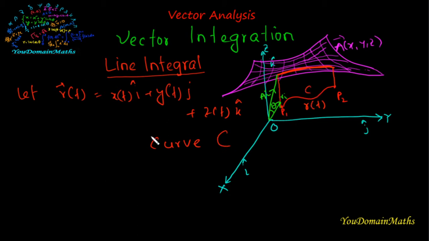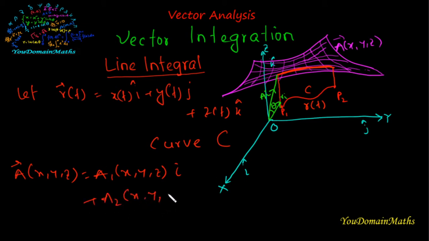So you can say that the points P1 and P2 lie on this curve C. Let A of x, y, z be a vector equal to A1(x, y, z) i plus A2(x, y, z) j plus A3(x, y, z) k.